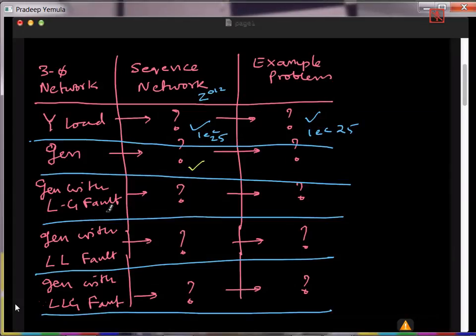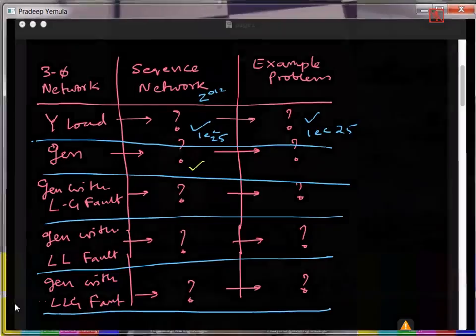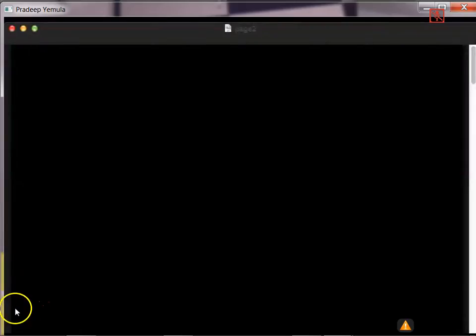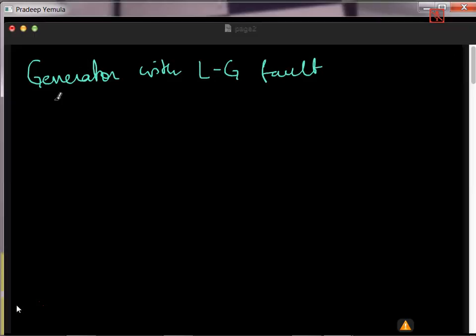So, generator with LG fault, line to ground fault.